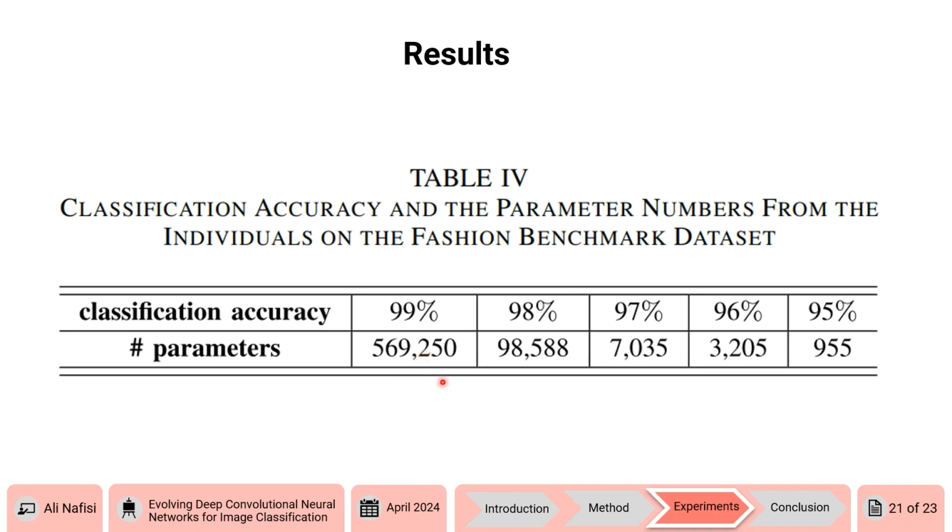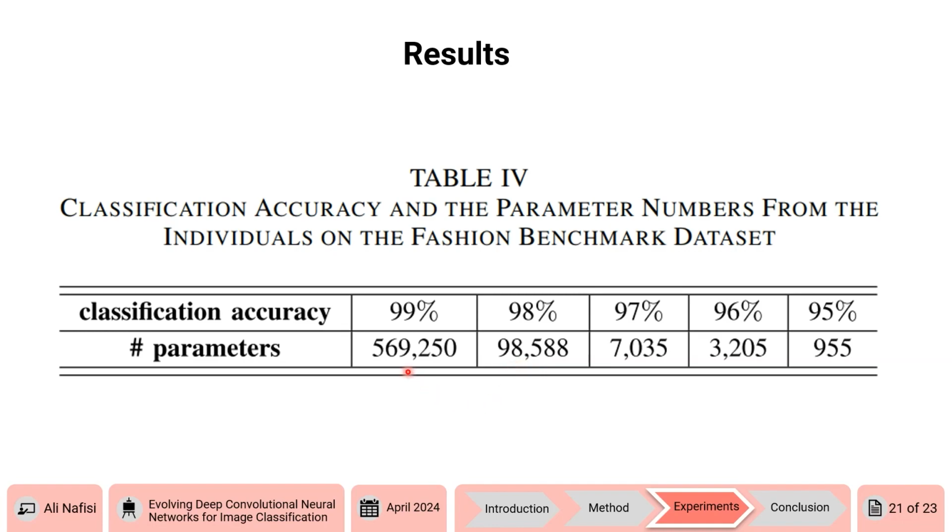But here you see that by reducing the accuracy just 1%, another individual in the last population has a much lower parameter number compared to this one.